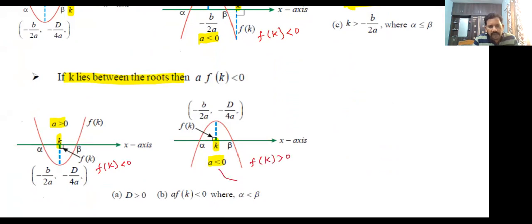Then observe that a and f of k are of opposite sign, which means their product is negative. Remember it. So k lies between the roots. Then what is the condition? A into f of k less than 0.